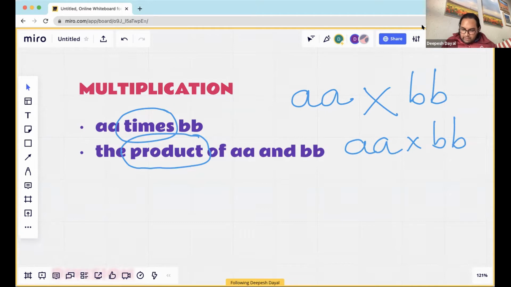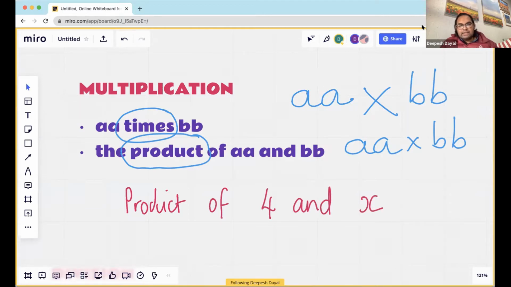Okay. I'm going to give you another example here, and I'm going to say, what is the product of 4 and x? So what is the product of 4 and x?